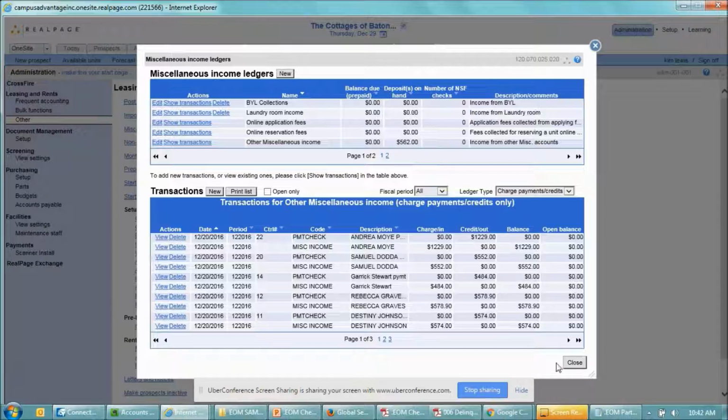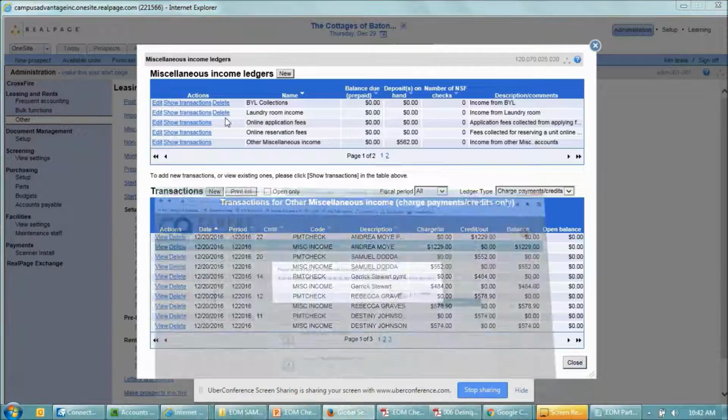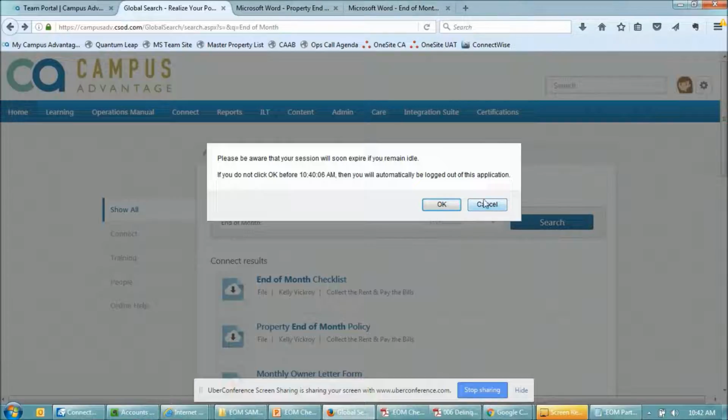Every once in a while, the online application fees account will have a prepayment because somebody applied and money was posted, but they have not been turned into an applicant yet. The money is sitting there waiting for you to turn them into an applicant before it can charge the application fee and create an actual ledger.